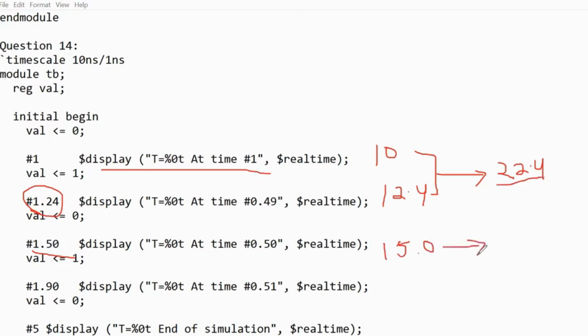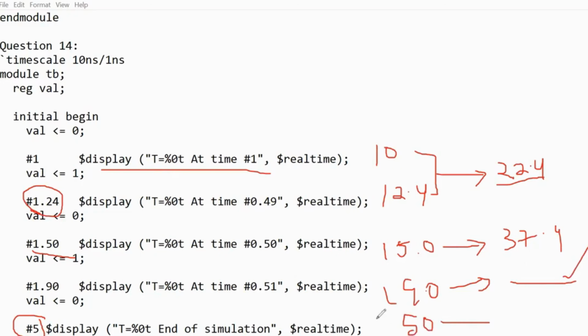Okay, next statement. 19.0 plus 37.4. Whatever value we get here, that value will be added to the next. 5 into 10, 50 plus this value. So at those simulation times, the display statements will be printed. Okay, did you get the point, everyone? Yes, ma'am.